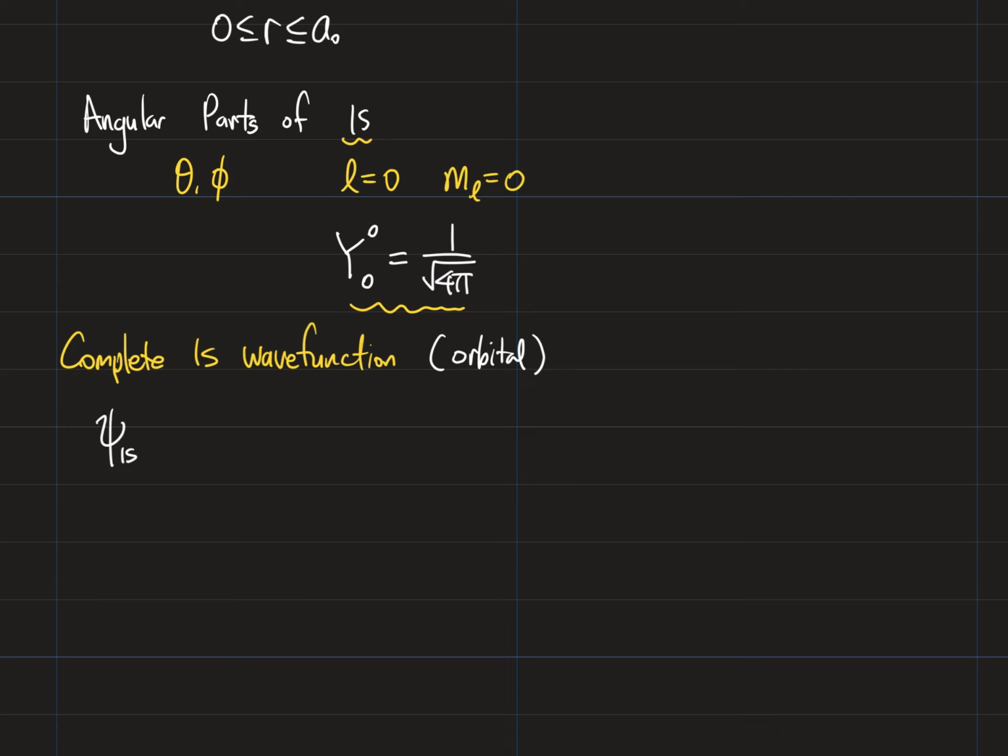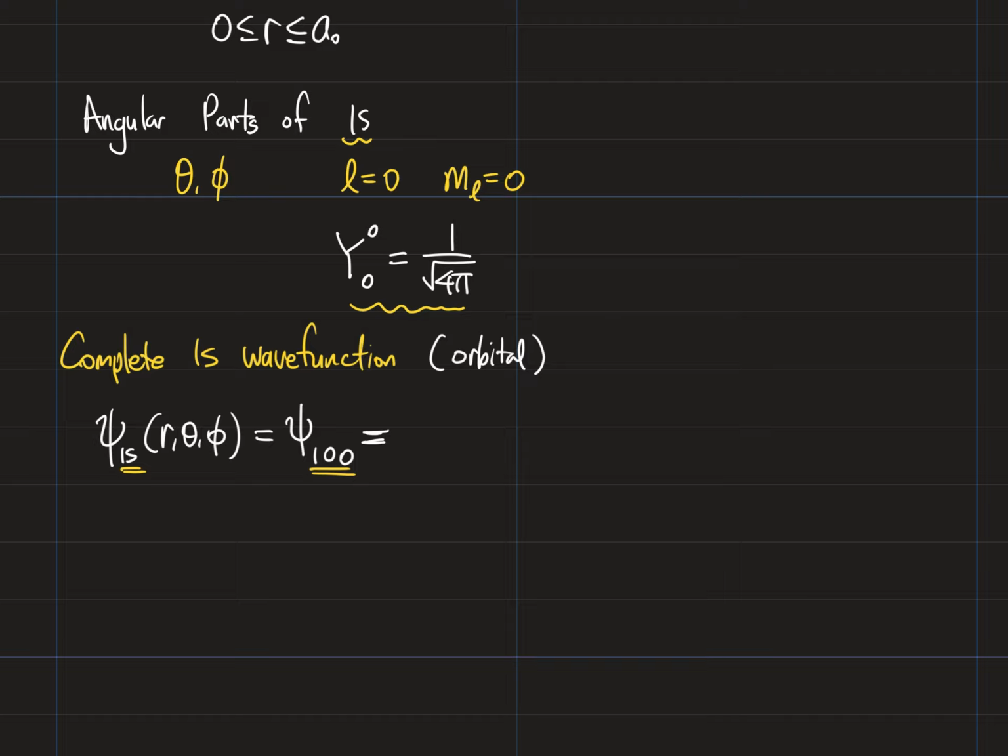So if you want to write down the wave function for 1s orbital, then this can be designated as psi 1s of r, theta and phi. And the other way to label the 1s orbital is to use the three quantum numbers. So psi n l ml, n should be 1, l should be 0, and m sub l also should be 0. So psi 100 also indicates 1s orbital.